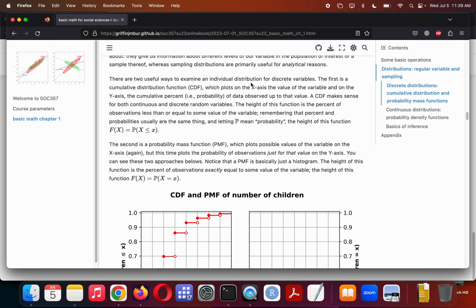This plots on the x-axis possible values of the variable, and on the y-axis the cumulative percent or probability of data observed up until that value. So you can think about it as percent or probability on the y-axis. Remember that probability can be defined as simply long-run percentages. So in other words, the probability of flipping a heads on a fair coin is 50% or 0.5.